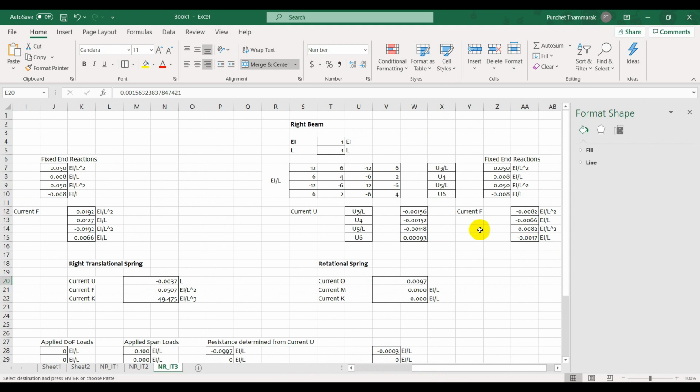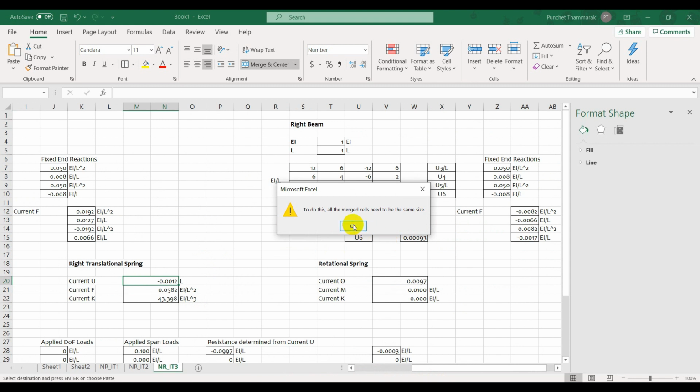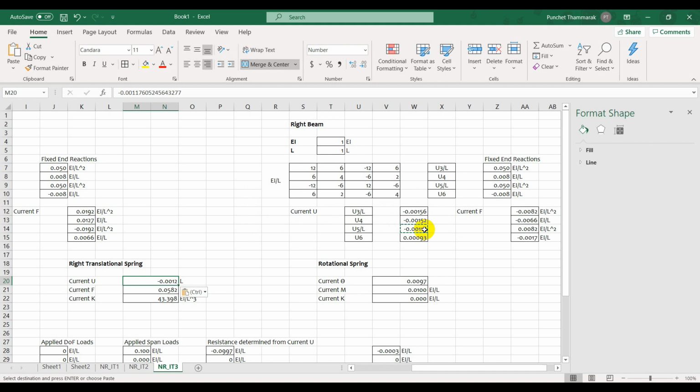U4, where is it? This one, right? Oh, this will be U5 coming here. Alright, to do this. Okay. And this to this one.